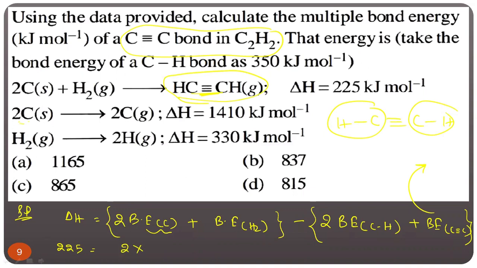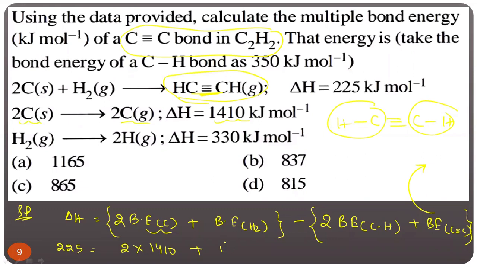Look at 2 carbon converted into what? This one. So bond energies here we will write, 2 carbon, yes. So we will write 1410, plus bond energies of hydrogen. Carbon solid to carbon gas.